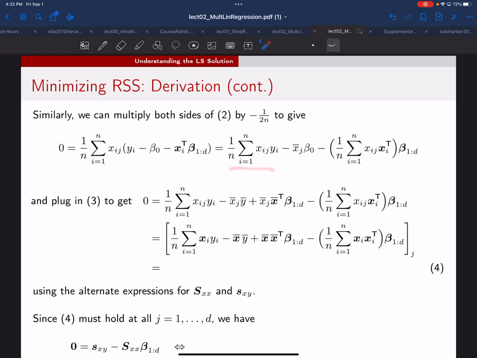Here's the first, here's the second, here's the third. Just a note, in this middle term, we applied the average over i and renamed that x bar j, because it's the average over our data of x_j, the jth feature. So that's why we get x bar j.